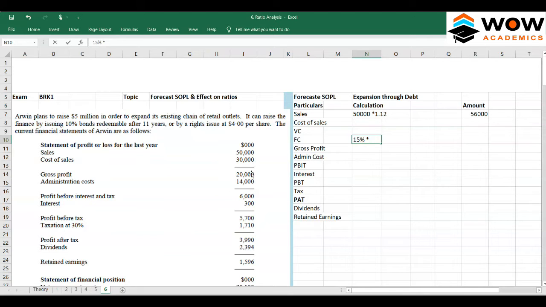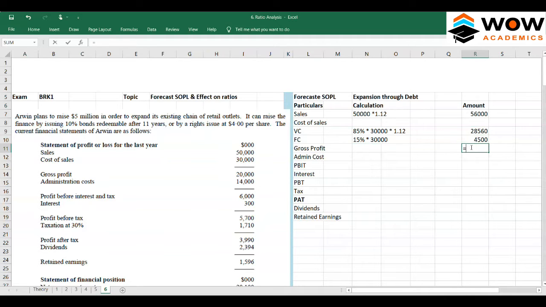Out of 30,000, this percentage is fixed. And what about the balance percentage? The balance, 85%, is variable cost, and that variable cost will increase by 1.12 because it changes with the sales. So let's get the concept right. We got it as 28,560.